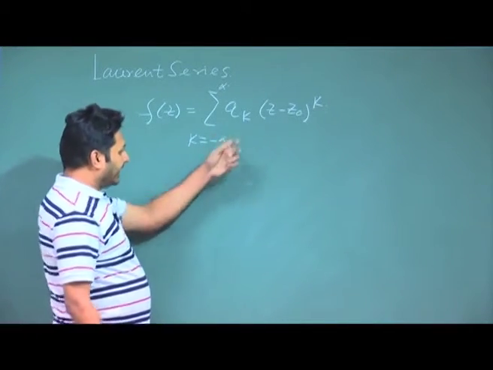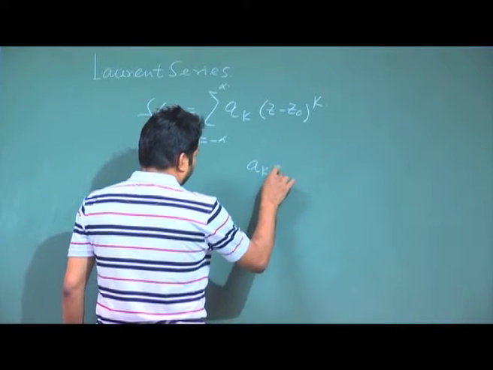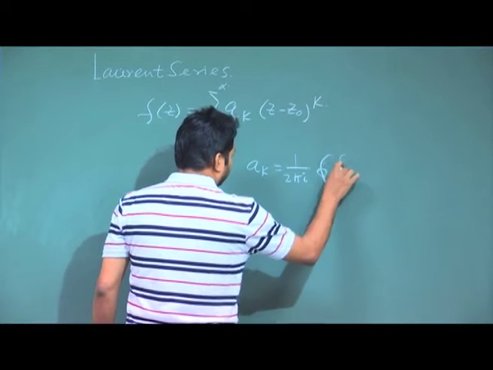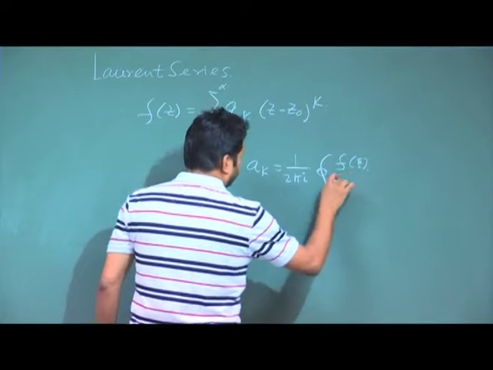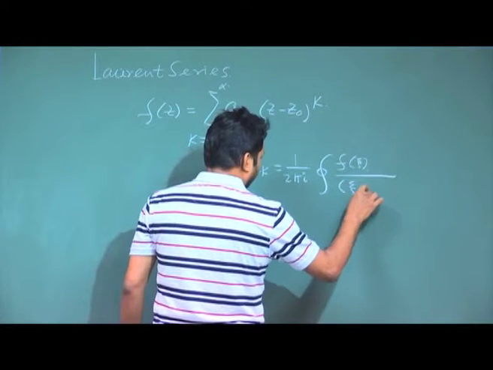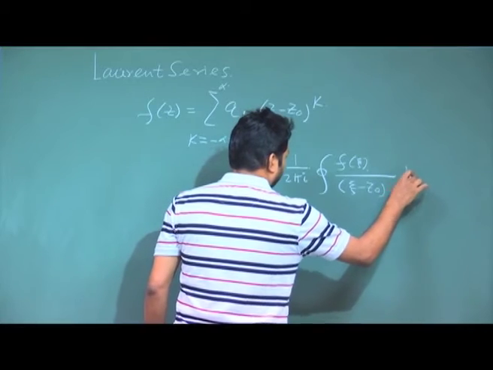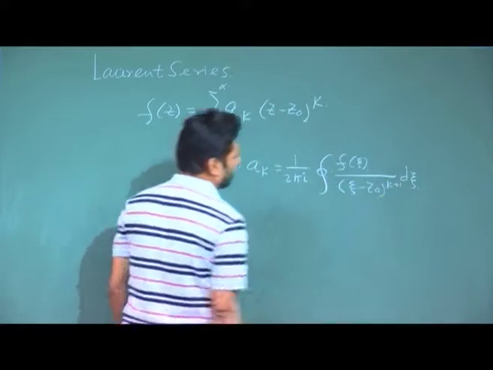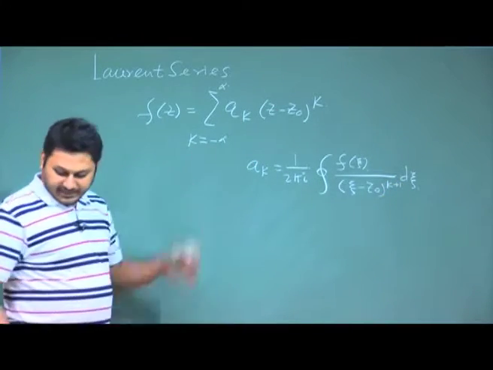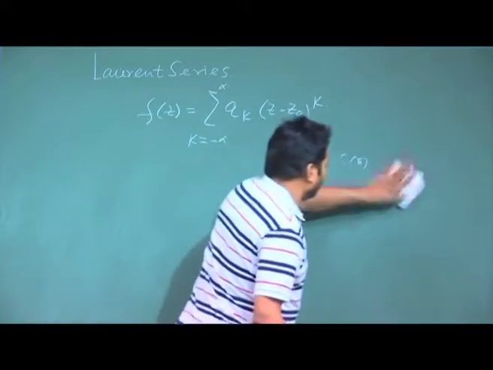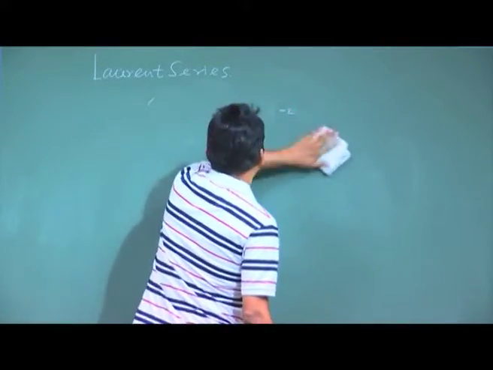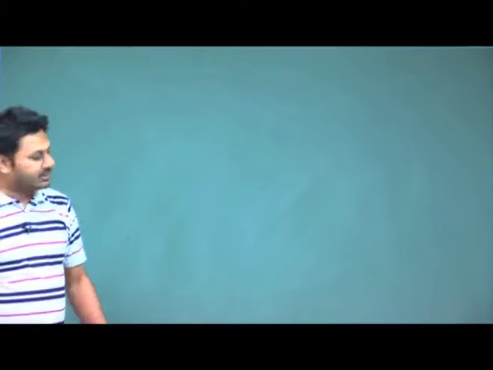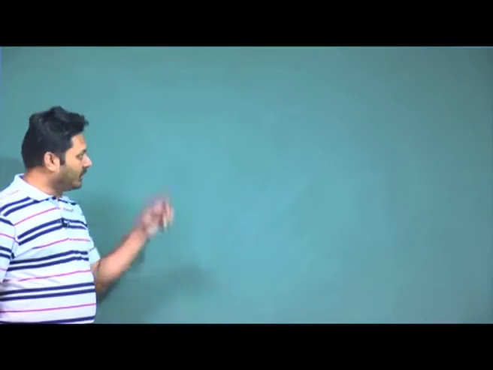The coefficient a_k was something like 1 by 2 pi i, closed integral of f(xi) divided by (xi minus z0) to the power k plus 1 d xi. Then we expanded a few functions in some given region. So, we will go with that.